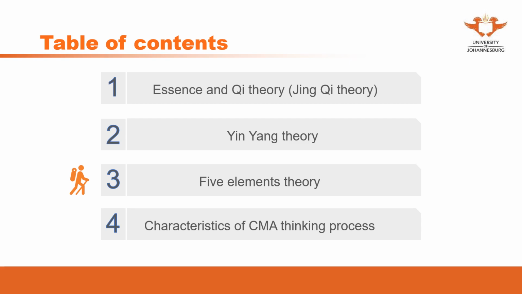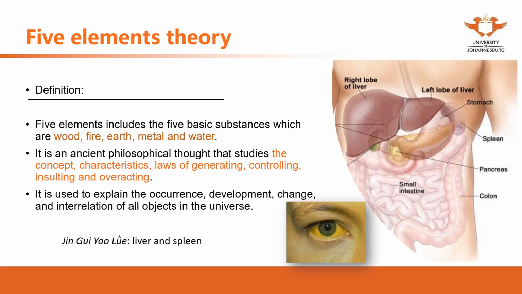That's the theory we're going to introduce now, the five elements theories. From the definition, you will see the five elements include the five basic substances, which are wood, fire, earth, metal, and water.